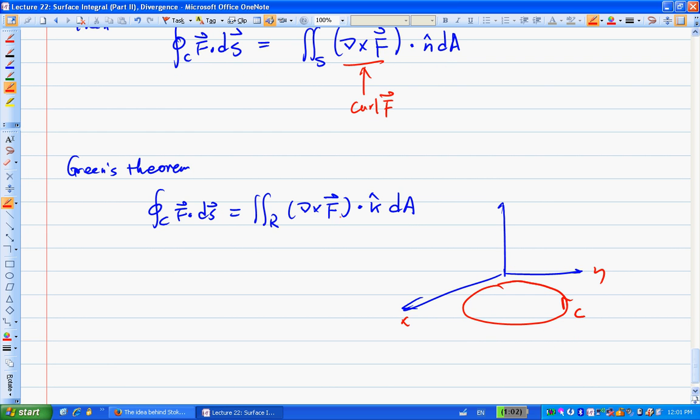Now let's examine this a little bit here. Del cross F talks about circulation. So now what we're saying is, if I look at a very, very small area over here, what will be the circulation around that point? And what will be the circulation around this point?